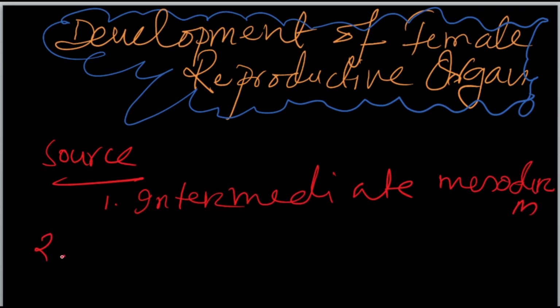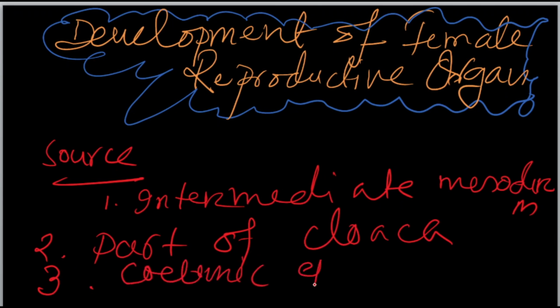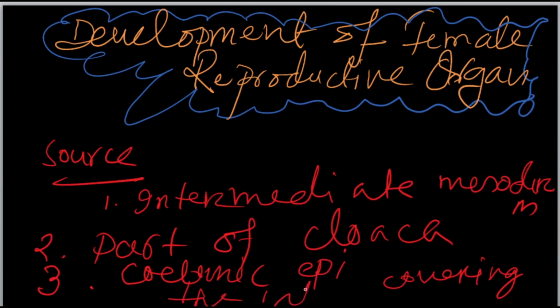Second one is part of the cloaca. Third one is coelomic epithelium that covers the intermediate mesoderm.